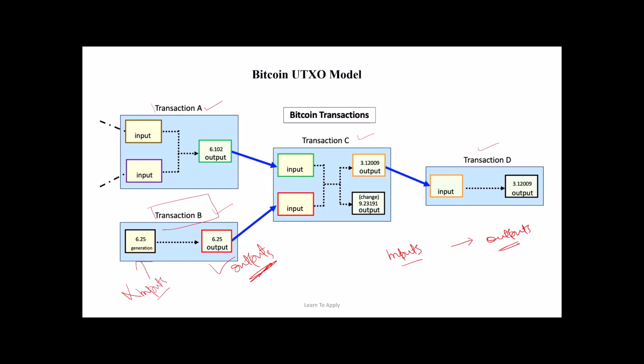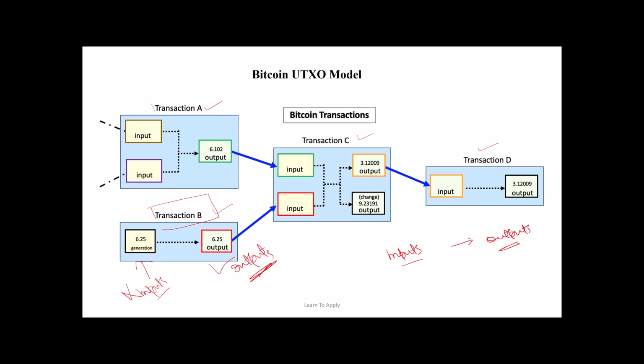So what is this coinbase transaction? In the previous video we saw that when a miner successfully mines a block, he is rewarded by the Bitcoin protocol with a mining reward. For that he includes a transaction to himself, a transaction that pays him.